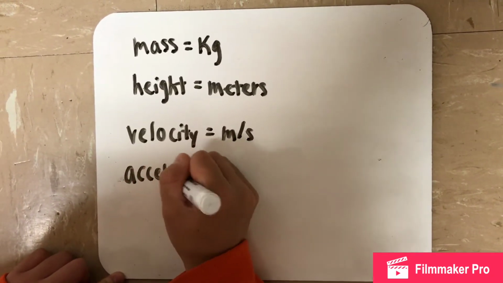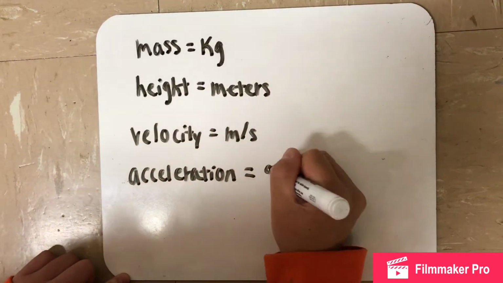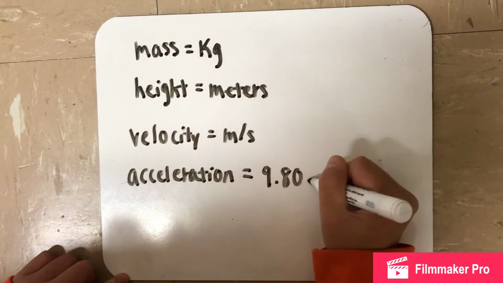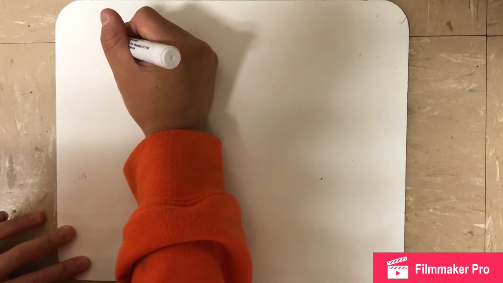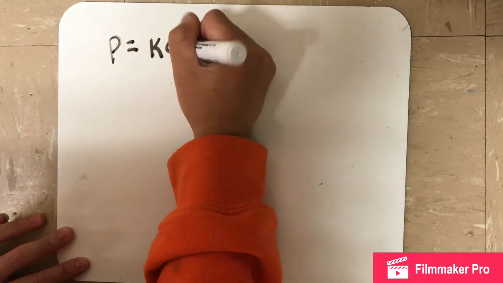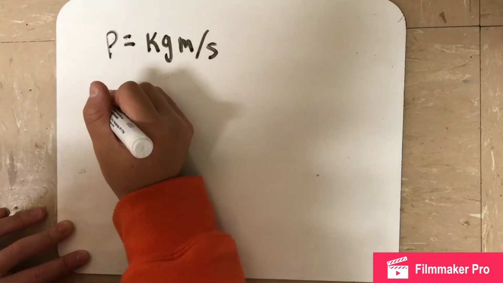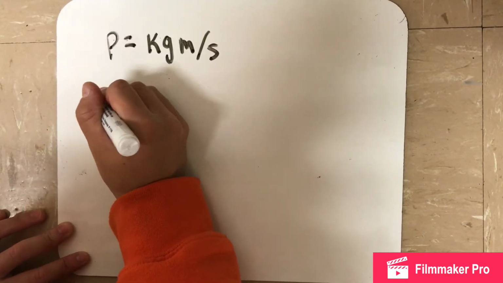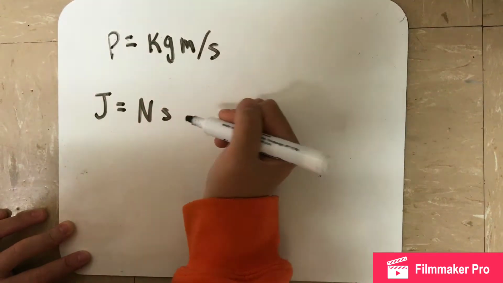Acceleration: we will be using the free fall acceleration, so it would be 9.80 meters per second squared. And then for our final units, momentum is measured in kg·m/s, and impulse is measured in newton seconds.